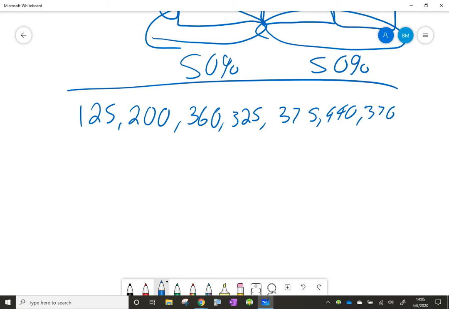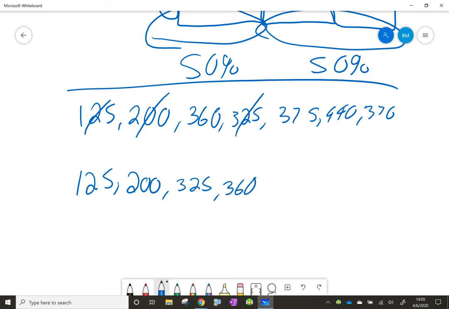Okay, so the first thing we need to do is list these in order from least to greatest. Least to greatest would be 125, 200, 325, 360, 370, 375, and then the biggest being 440.